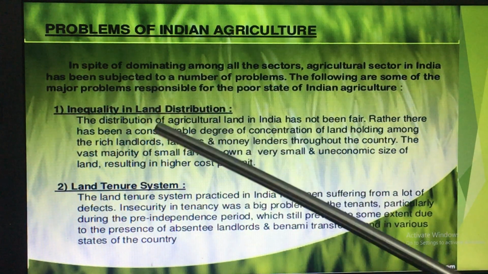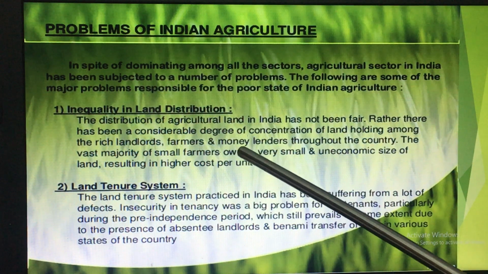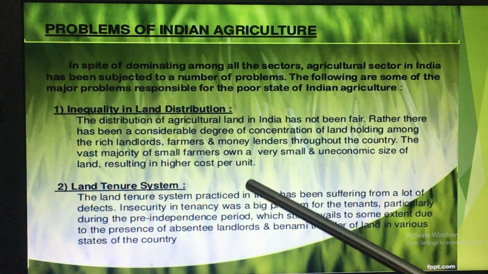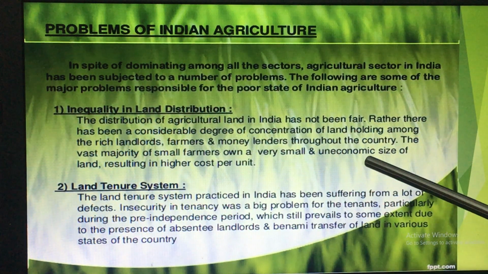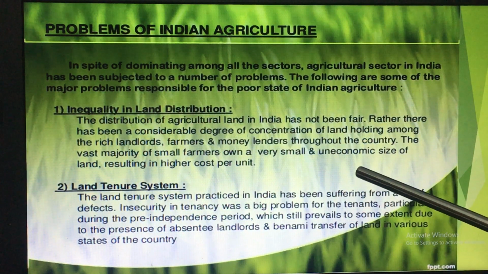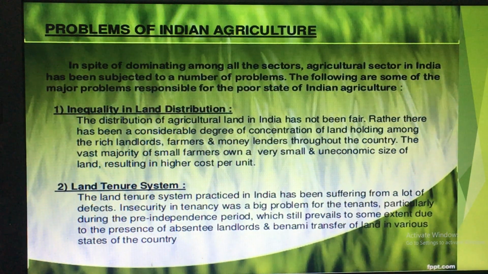The first is inequalities in land distribution. The distribution of agricultural land in India has not been fairly distributed. There is uneven distribution of agricultural land. Many of the farmers are holding small pieces of land.